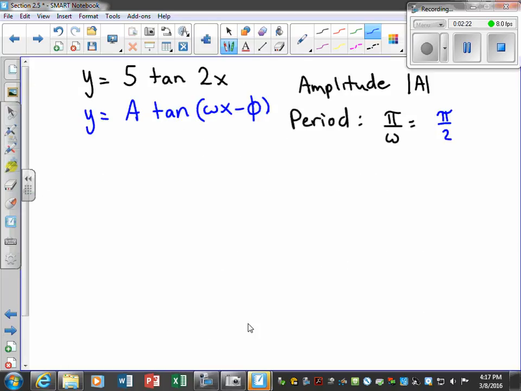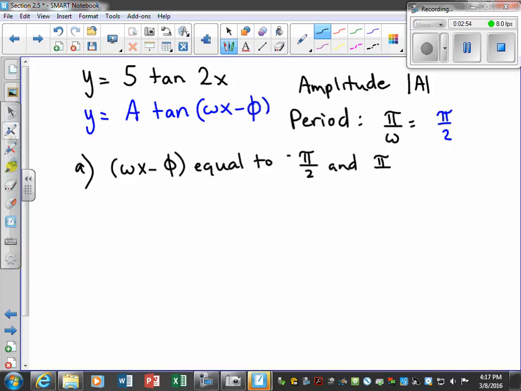Alright, so for part A, when we're finding consecutive asymptotes, we're going to take our omega x minus phi, which in this case is 2x, and the phi is just 0. There's nothing there, so this isn't relevant anyway. So we would set omega x minus phi equal to negative pi over 2 and pi over 2.